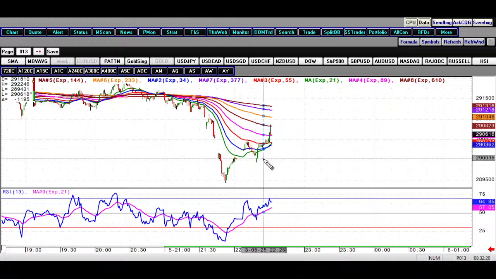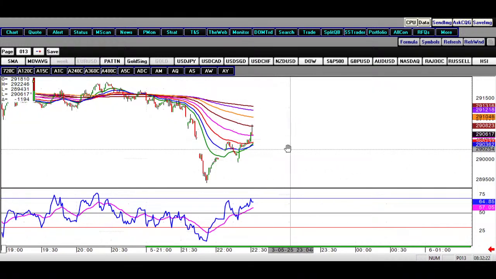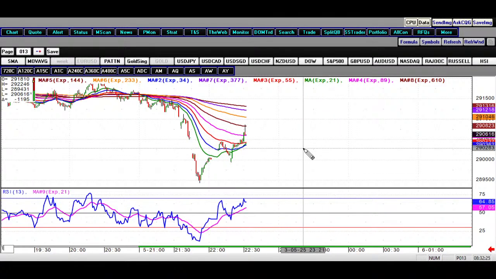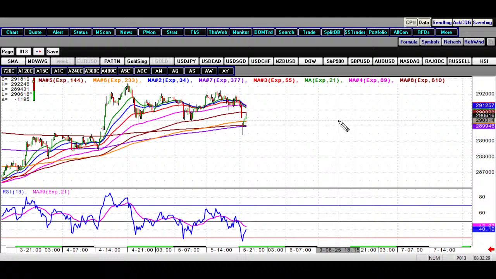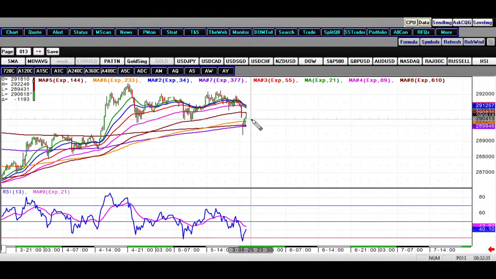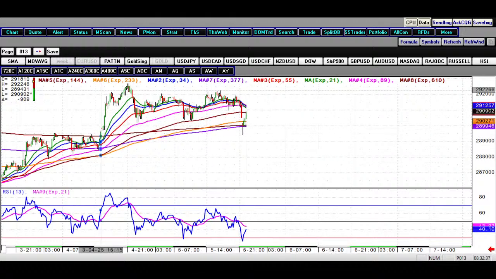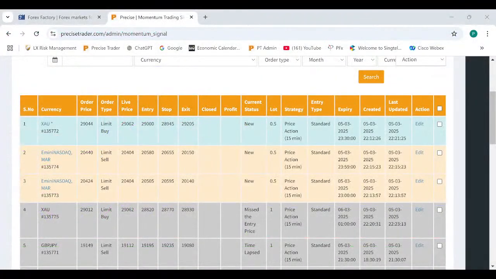So what we are going to do now, since this time has come in, we had put in 2900. We'll try to go for one more trade at 2904, so the other one should be cancelled.